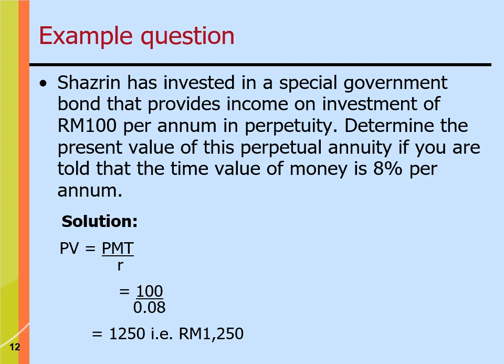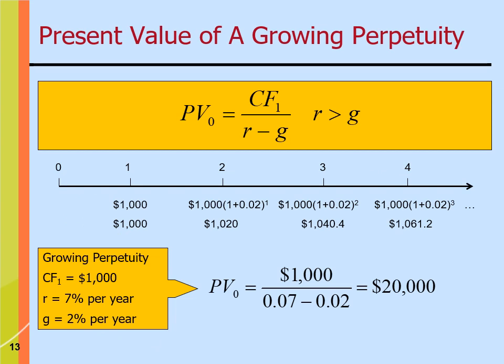If you look at the solution here, use the simplified formula to arrive at this answer. In the case of growing perpetuity, where the cash flow is expected to grow at a certain rate, you can use this formula by incorporating G as the growth rate.